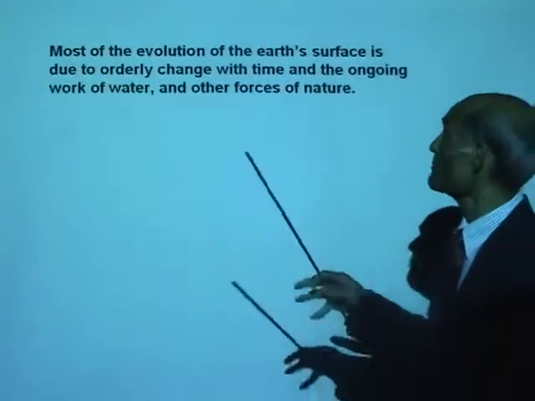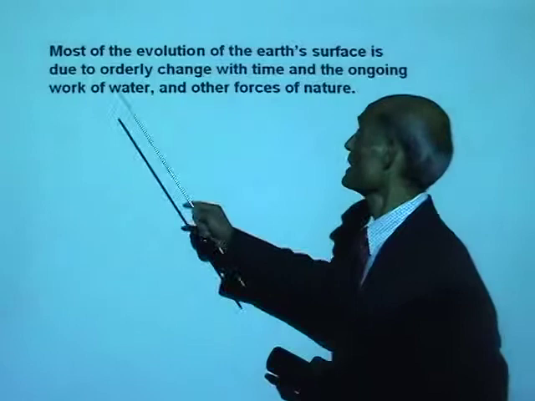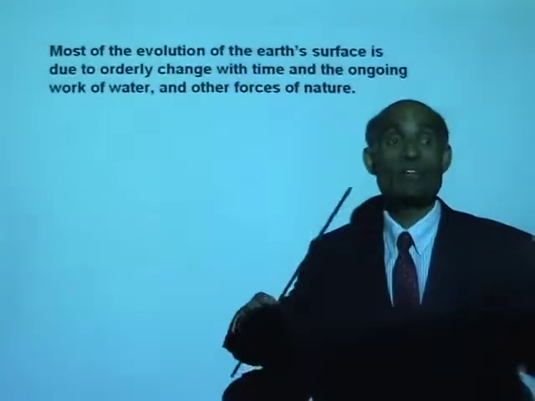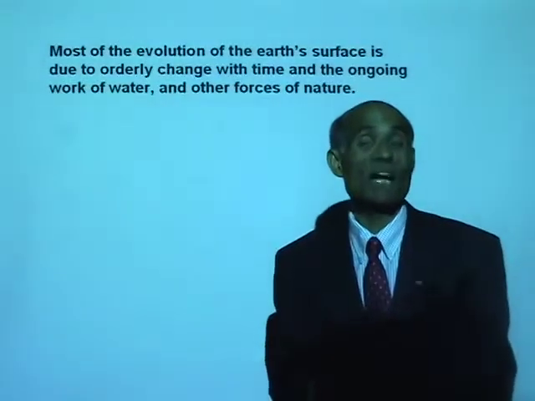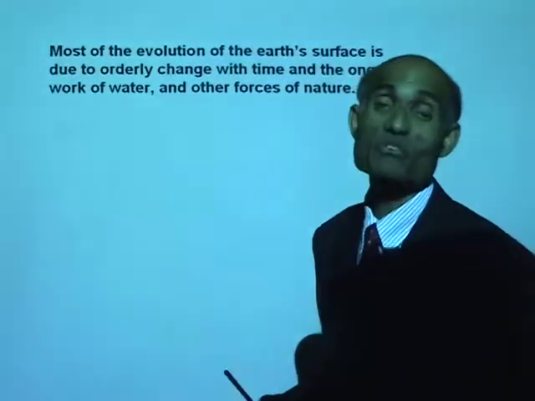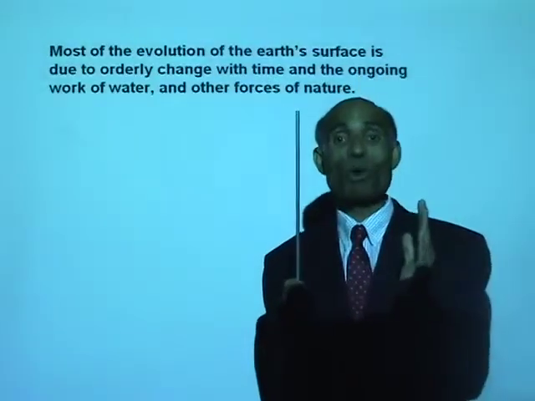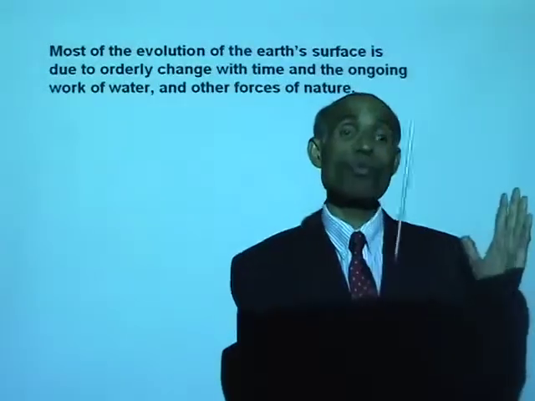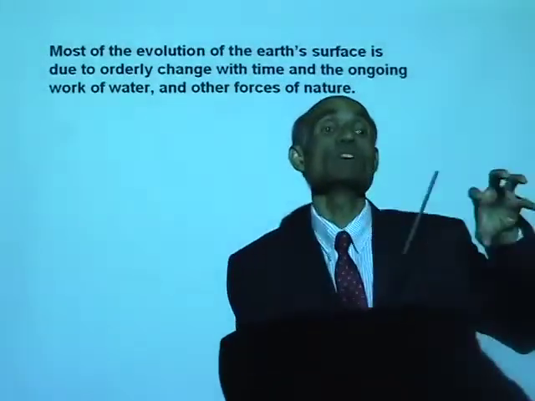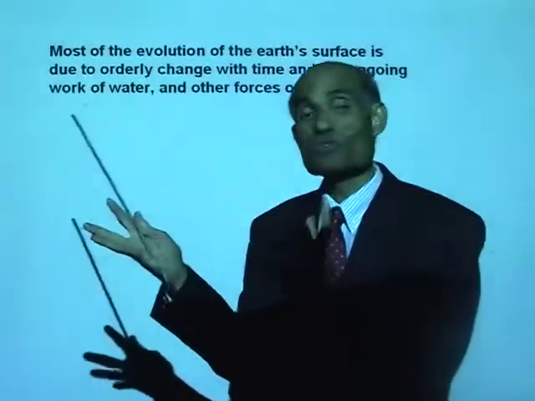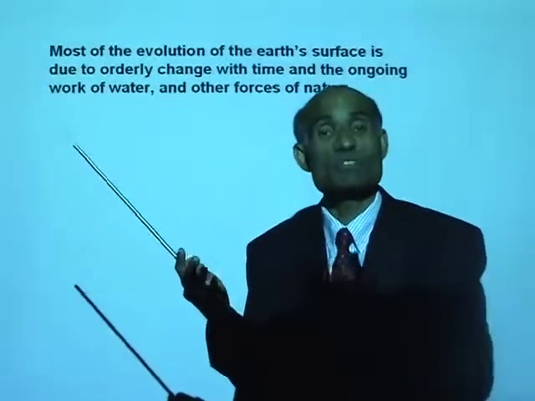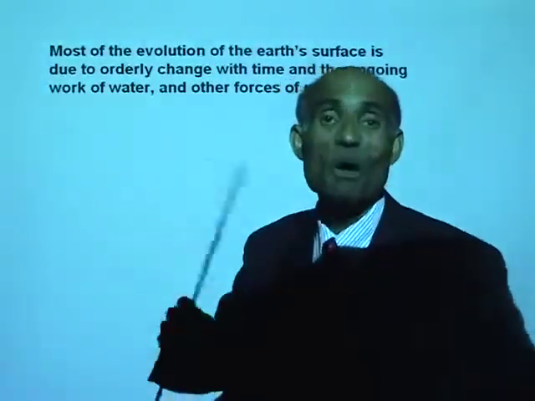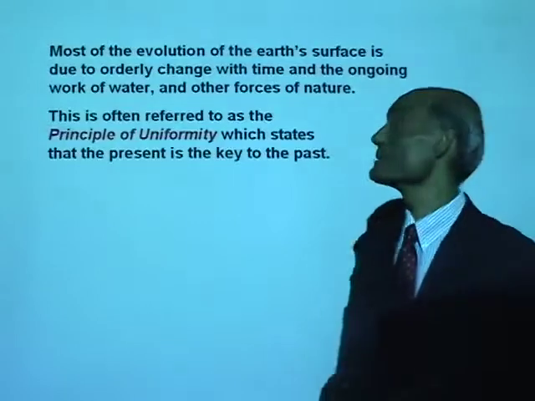Now, most of the evolution of the earth's surface is due to orderly change with time and the ongoing work of water and other forces of nature. You see, two important things that shape the surface of the earth are water and wind. We call it erosion. And then the forces of nature, which we actually talked about, the motion, the plate tectonics. And we will be looking at both these forces today in some detail.